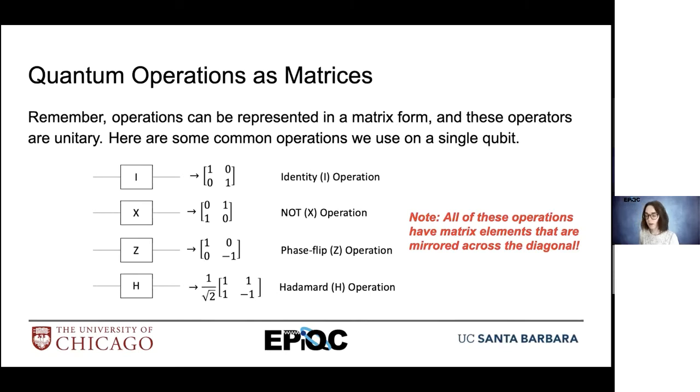If we look at all of the matrices associated with these operations, the elements in the matrix are mirrored across the diagonal. This plays into the fact that they are their own inverse. So if we look at the diagonal associated with all these operations, the elements are mirrored across the diagonal, and one of the reasons for that is that they are their own self-inverse.